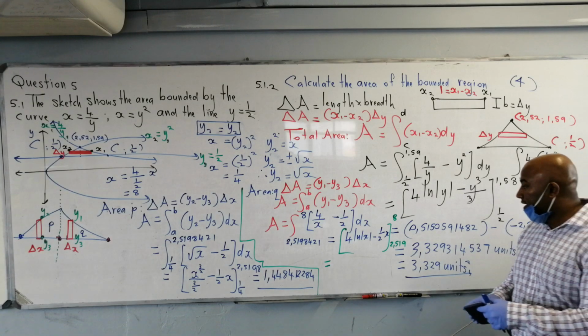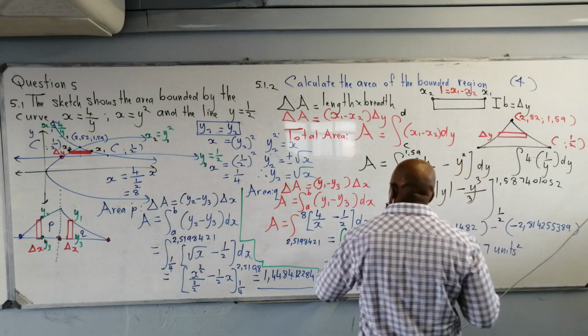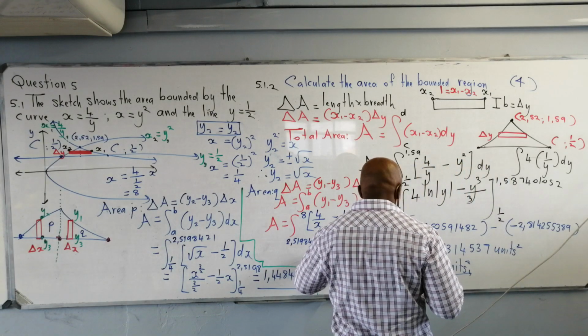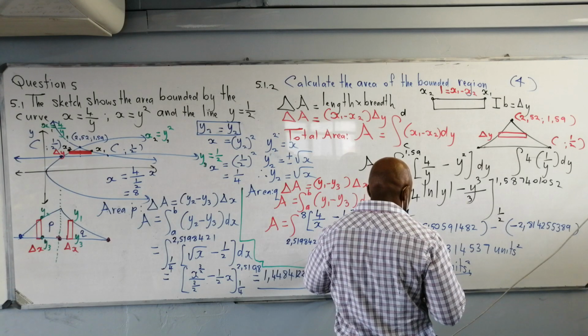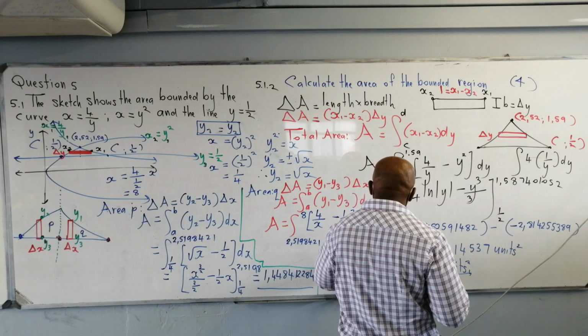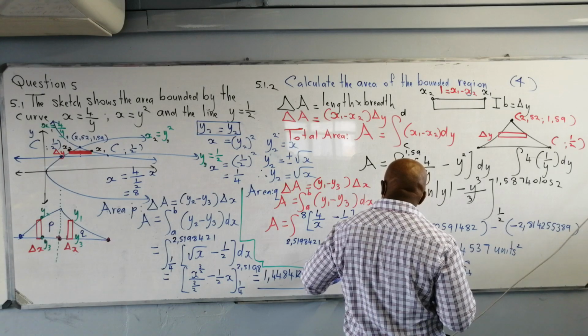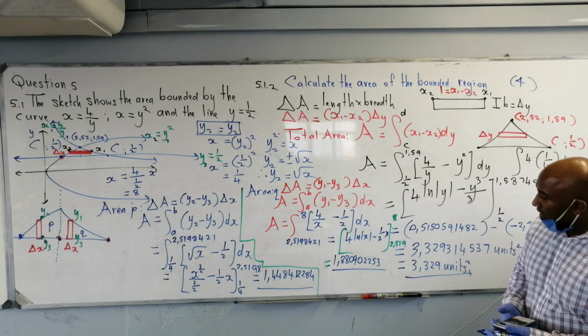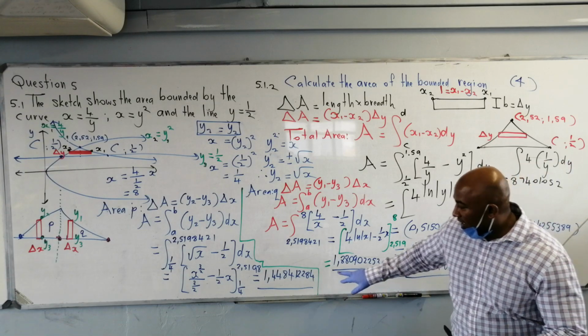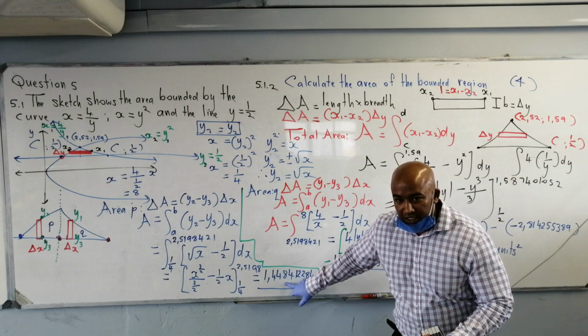Okay, so what am I getting here for this one? I'm getting 1,880,9,022,53 units squared. So area Q is this, area P is that.